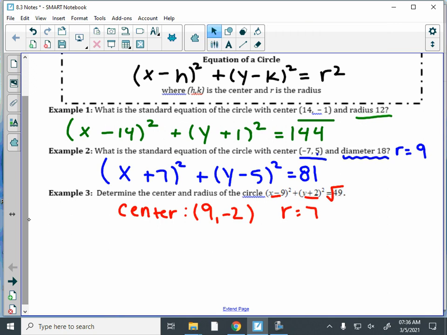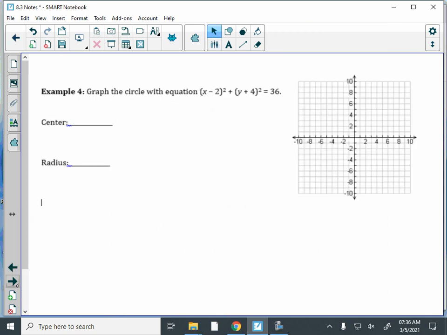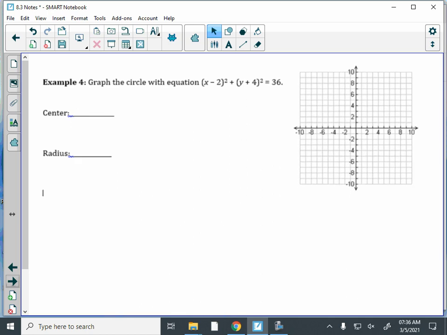Okay, let's take a look at some more. Let's take a look at how to graph. So to graph a circle, you need to know what's the center and what's the radius in order to graph it. Okay? So just like we did in that last example, identify the center. Whatever is with the x is the x value of your center, but again, what happens to the sign?